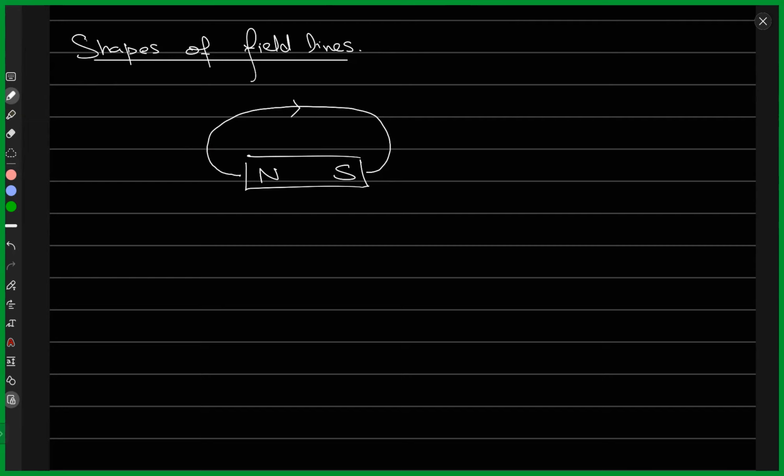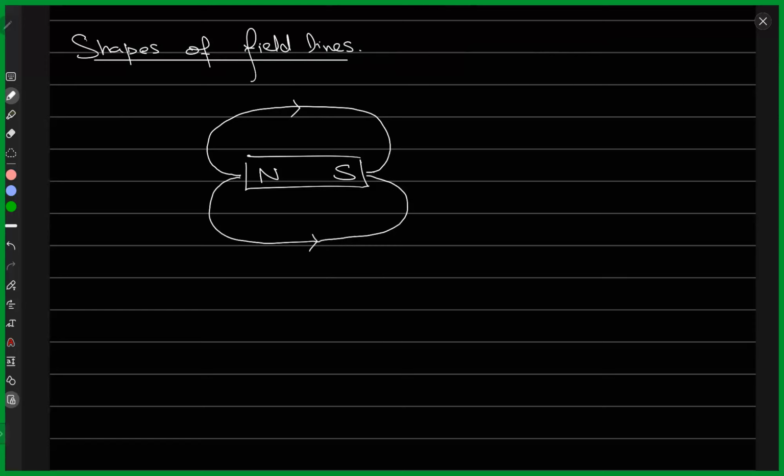So the field lines are just those imaginary lines which show the direction of the force on a north pole when it's placed inside a magnetic field. It looks something like this: it's coming out from the north and going into the south. And it will look exactly the same below as well. North to south, right?